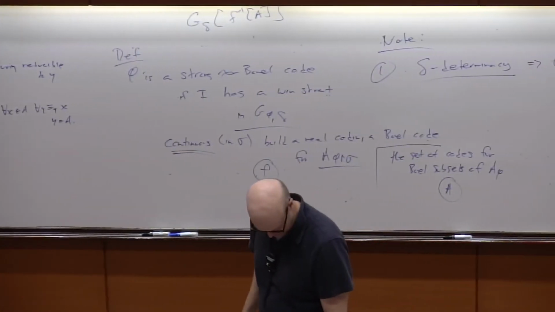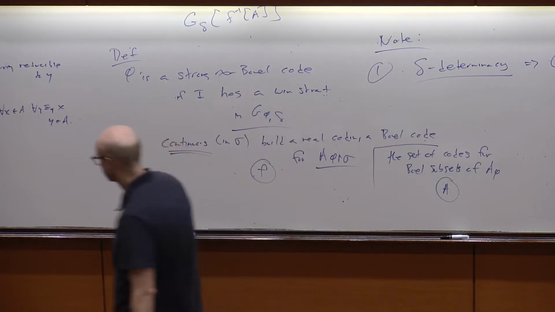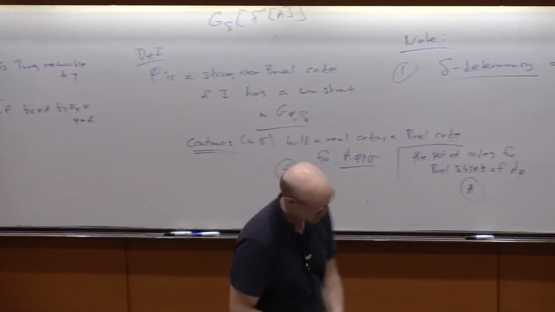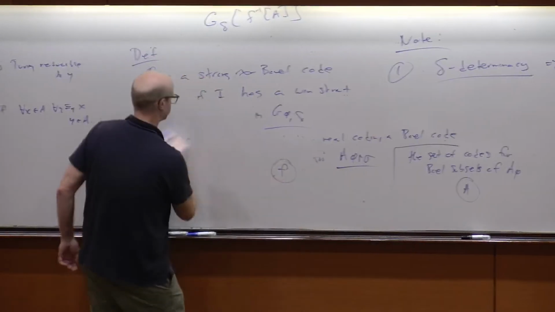So Martin's theorem tells us that under AD, Turing invariant sets either contain or are disjoint from a cone.